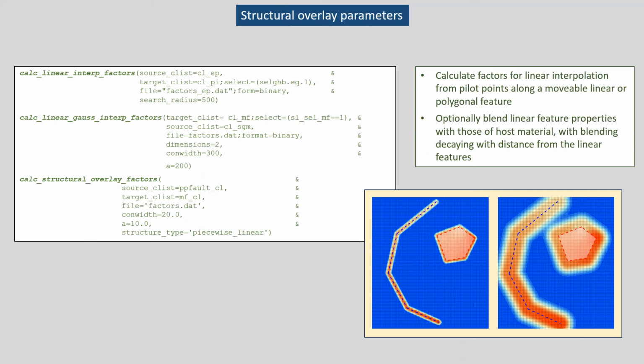Another type of polylinear feature is the structural overlay parameter. Structural overlay parameters are discussed in another video. This is a polylinear feature, but normally much less complicated than a seglist. It might only have a few vertices that are used to define its shape. A structural overlay parameter might be just a linear feature, a polylinear feature, or it may be polygonal.